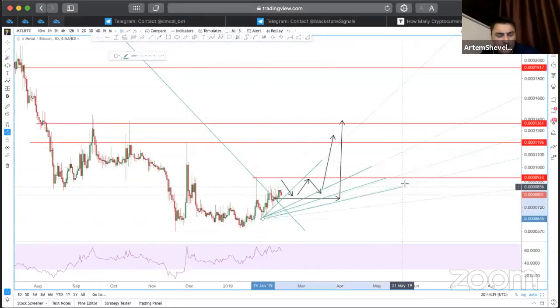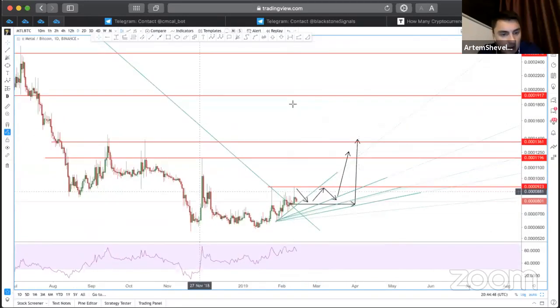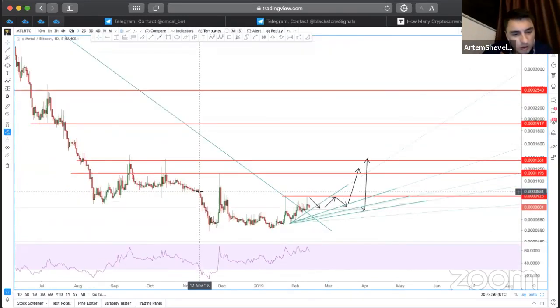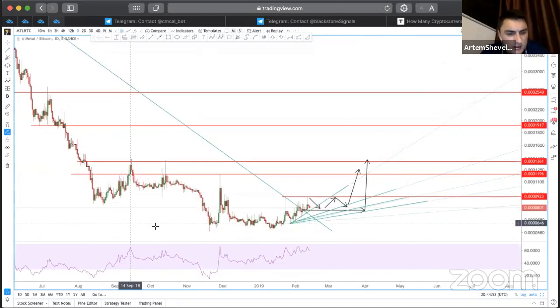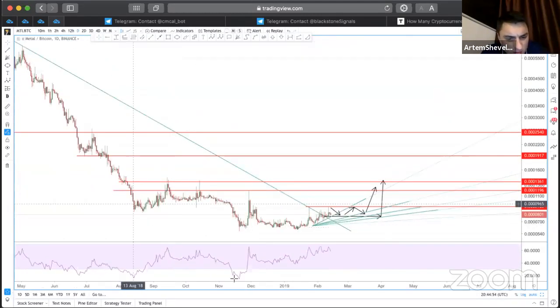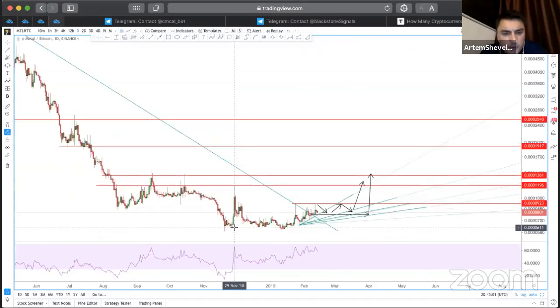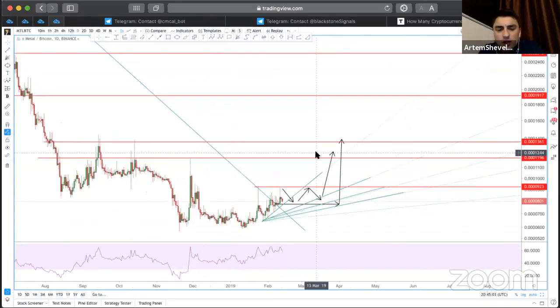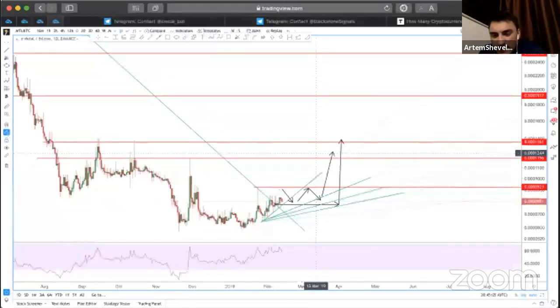From these trend lines, we can expect some rebound and bullishness. We don't have a bullish divergence here. I don't like this one. This is not normal, but okay. Okay, MTL, we checked it.